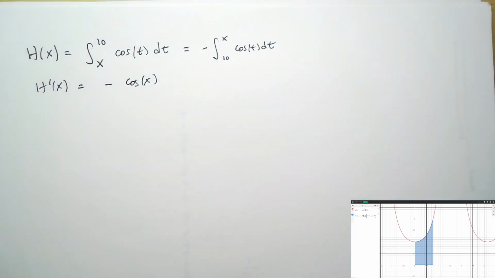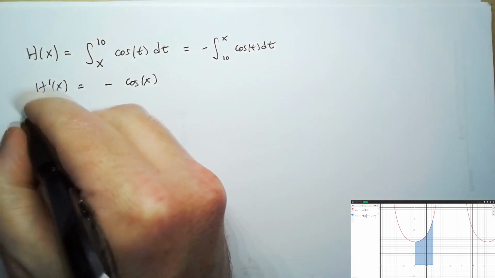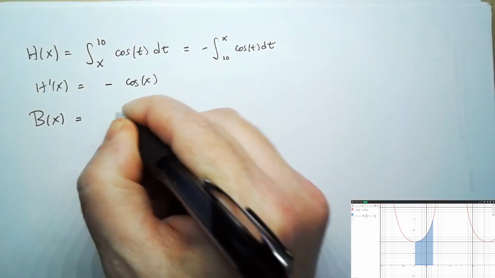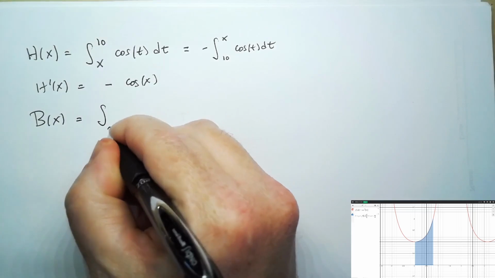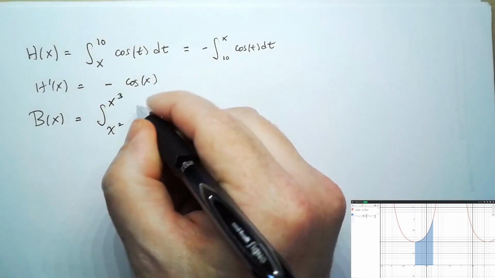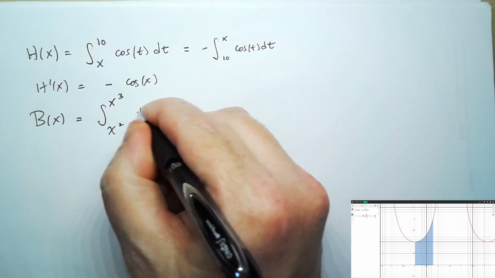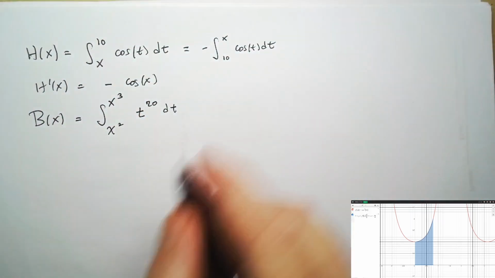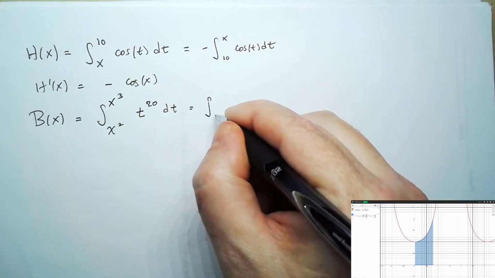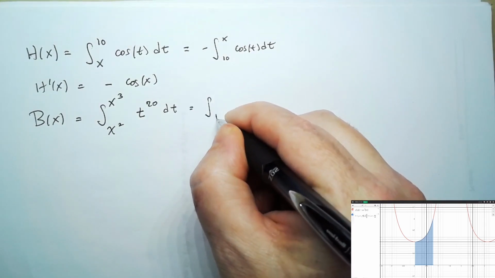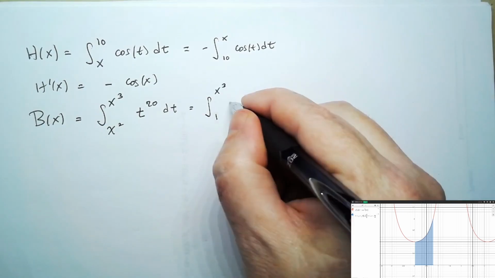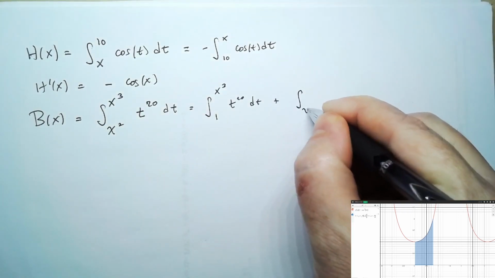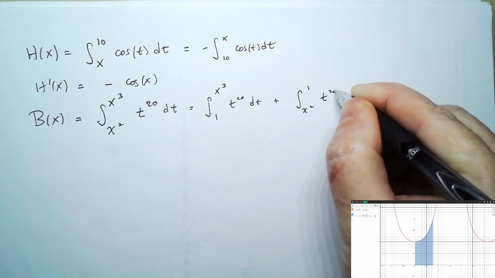And if we came up with yet another function, call it b of x, that was the integral from x squared to x cubed of t to the 20th power dt, we could rewrite this as the integral from, I don't know, let's say 1 to x cubed of t to the 20th dt, plus the integral from x squared to 1 of t to the 20th dt.